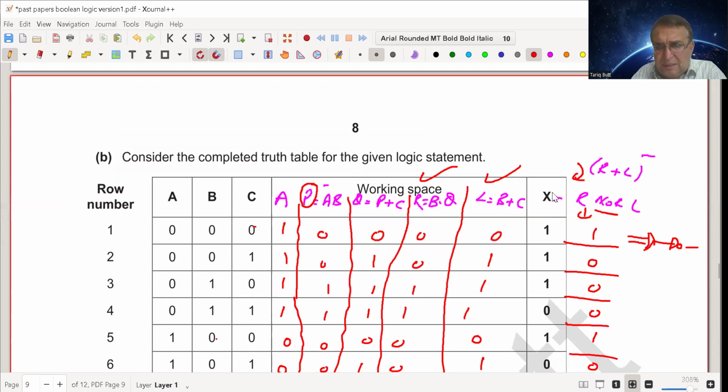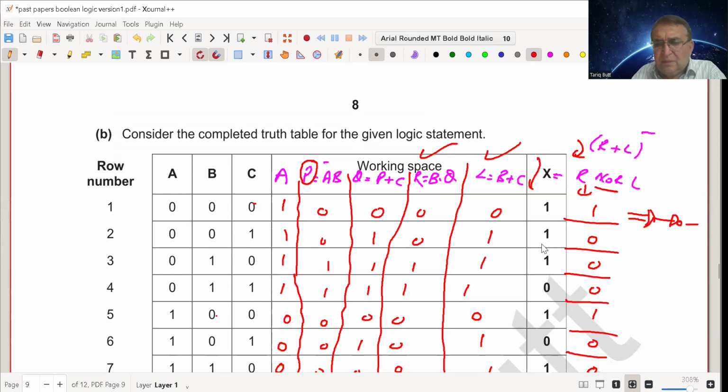And this is the given output, which is given as a part of the question. Then it was asked to find out the 4 errors. Now you can see, given was 1 and the actual that we found is also 1. And this is the first error: given was 1, but actually it comes out 0.